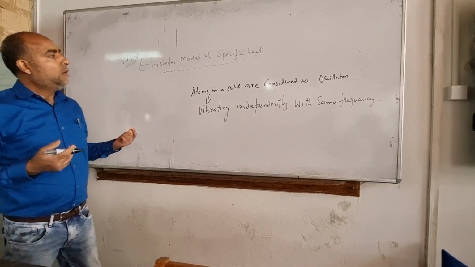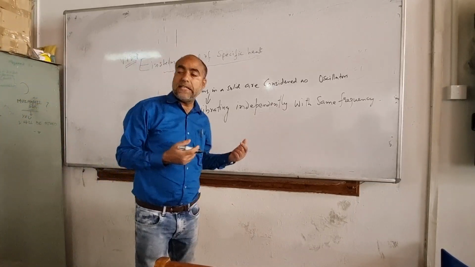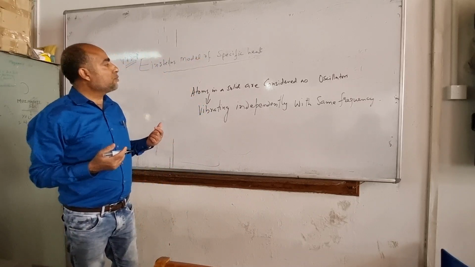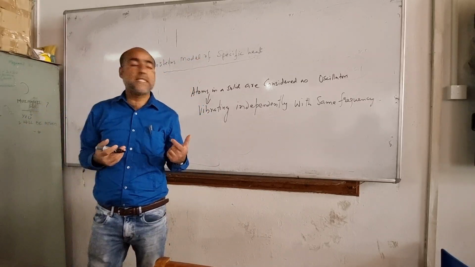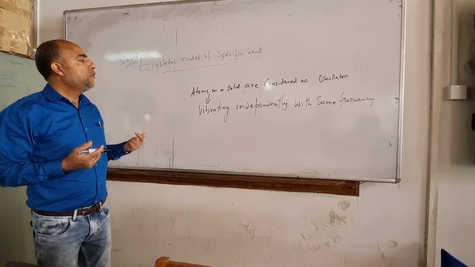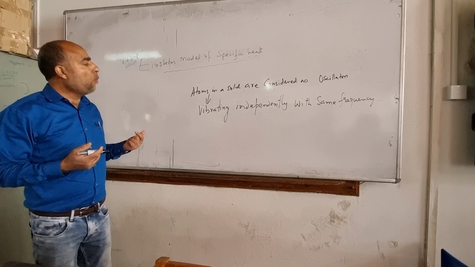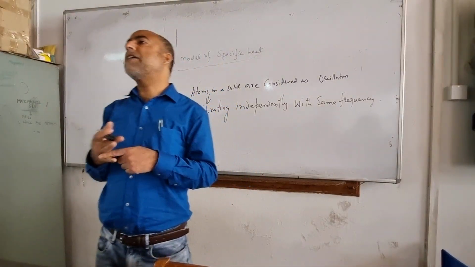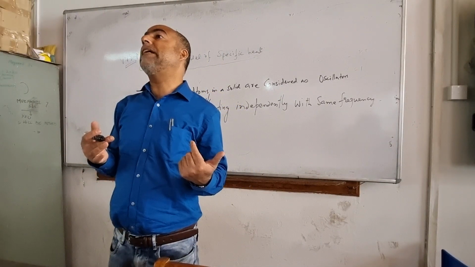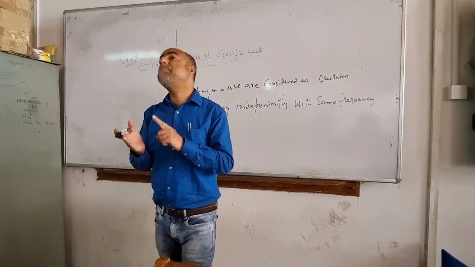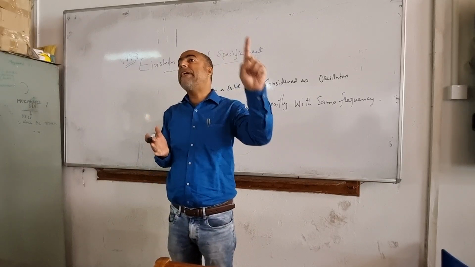First, we have assumed that atoms in a solid are considered as oscillators. Then we have also assumed that they are vibrating. These atoms are treated as atomic oscillators, and they are vibrating independently with the same frequency. This is the main difference between the Debye model and Einstein's model.